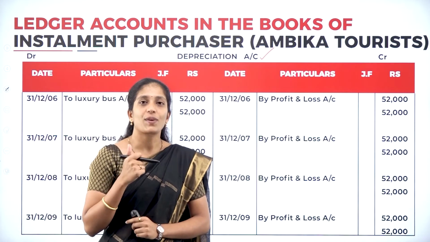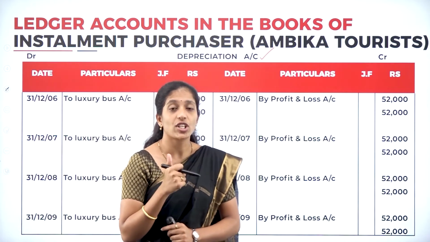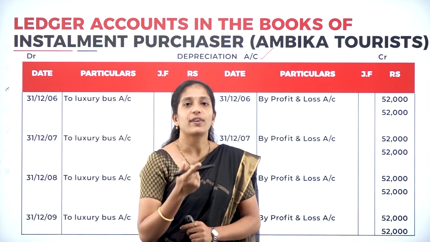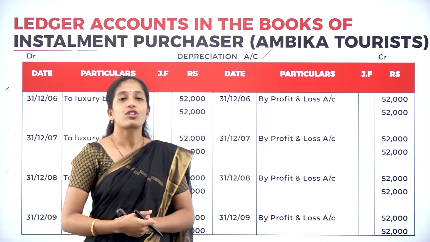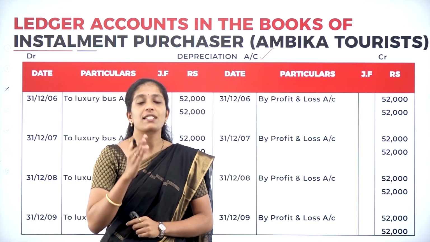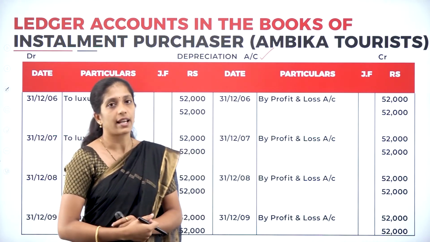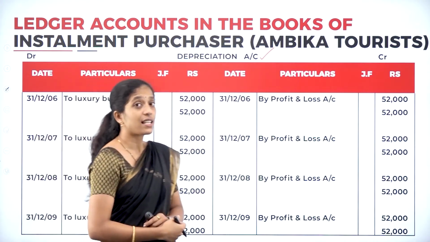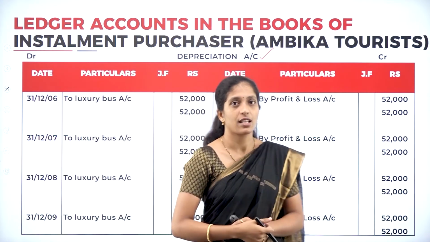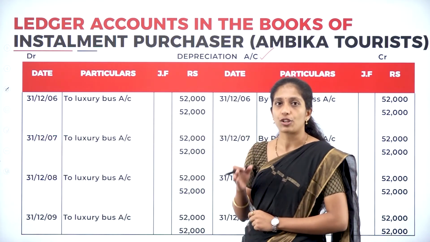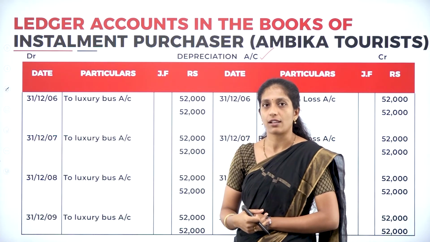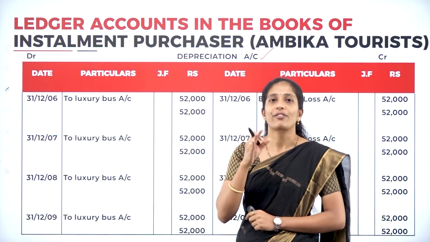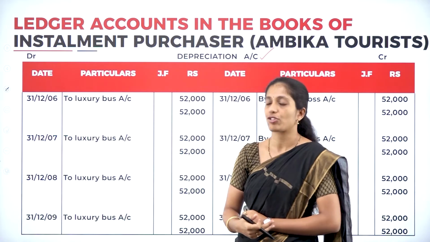Once we prepare the entry for charging the depreciation, next we transfer that depreciation to profit and loss account. Now what is the entry for charging the depreciation? Depreciation account debit to asset account. Which is the asset here? That is luxury bus. So depreciation account debit to asset account, and that depreciation has to be transferred to profit and loss account. So your entry will be profit and loss account debit to depreciation account.